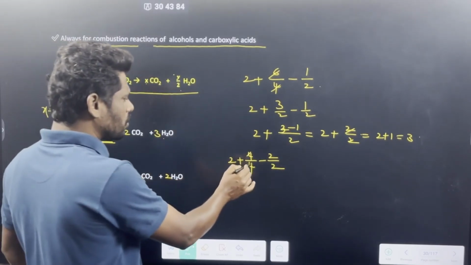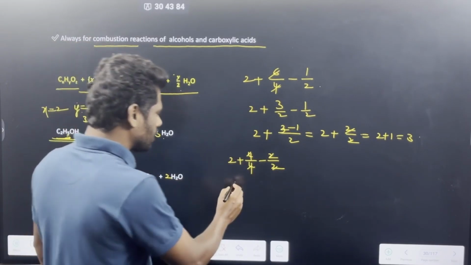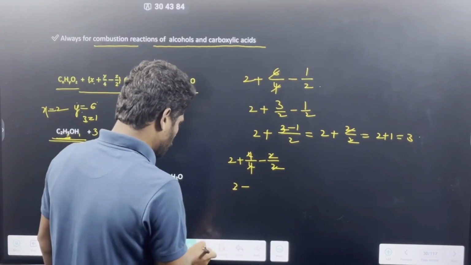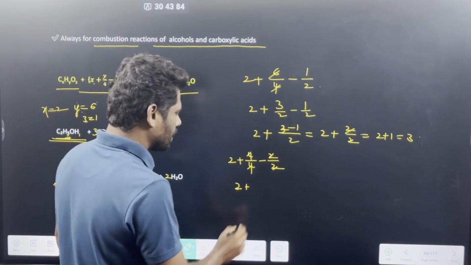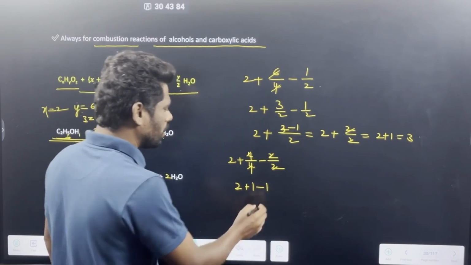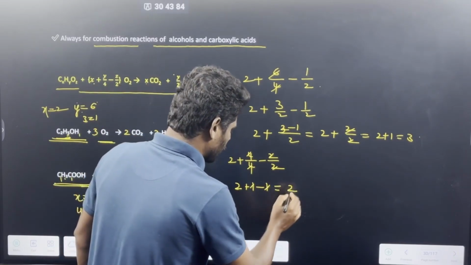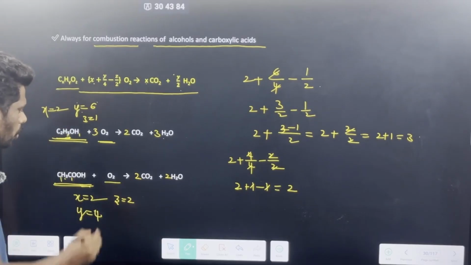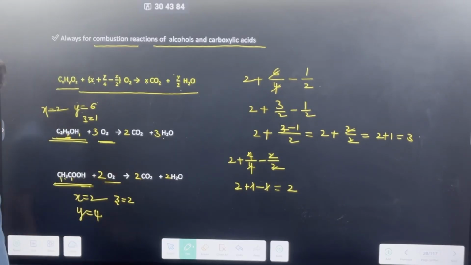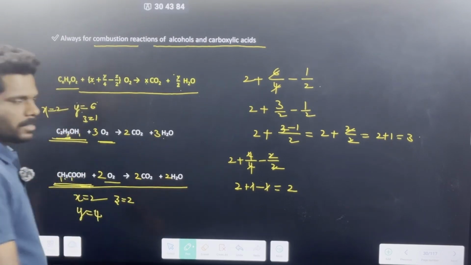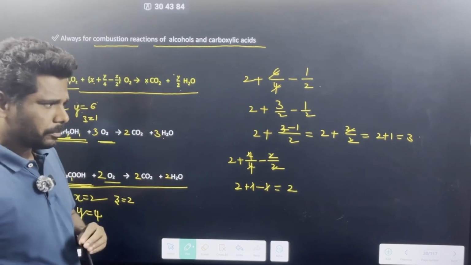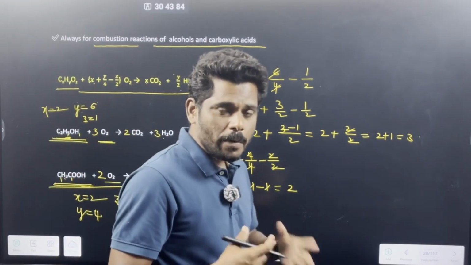So obviously these will be cancelled, and what else? 2 plus 1 minus 1, plus 1 minus 1 cancel, the value that remains is 2. So 2 is the coefficient for oxygen in this equation, which is balanced. So this is the simplest method to balance the equations.